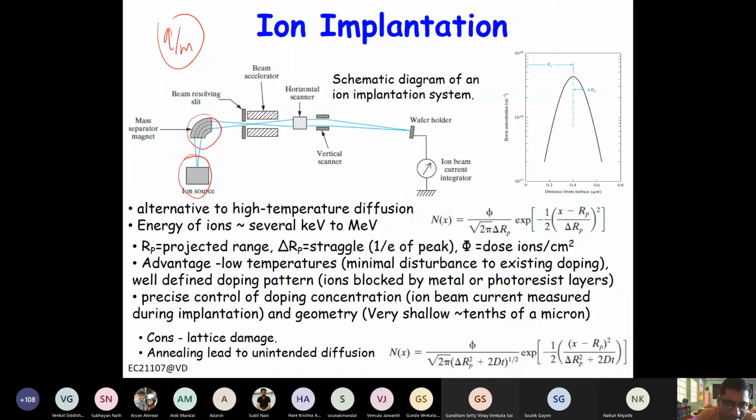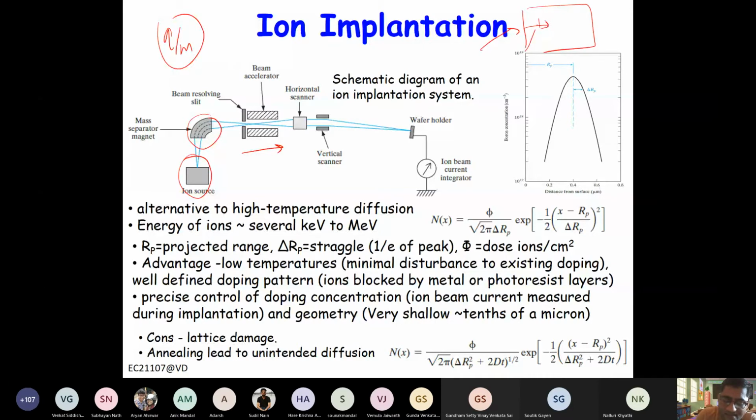So you can select them. And then once you select the species, it is accelerated with a certain energy. Now this acceleration energy will define how deep these ions will go into the wafer, right?